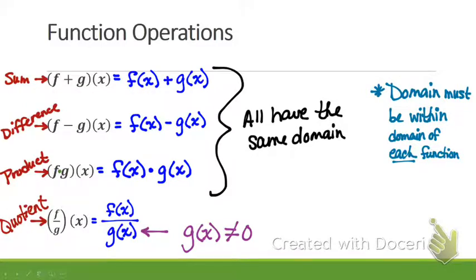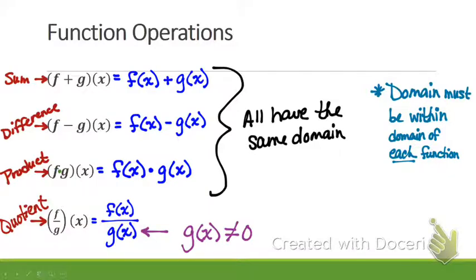So the domain for the whole thing has to be within the domain of each function, which means if -3 can't be used in my function f of x, then it can't be used in my sum of f of x plus g of x. We'll look at a couple where we have to figure this out.